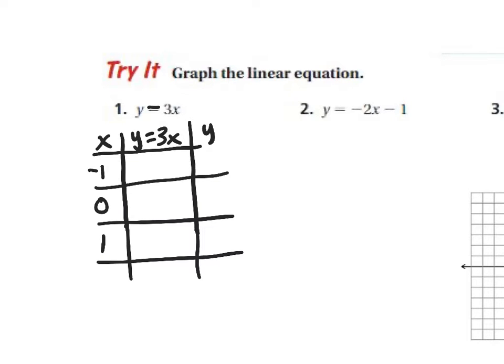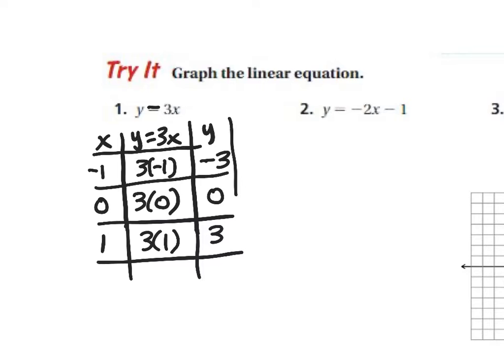So I'll plug in: 3 times -1 would give me -3. 3 times 0 would give me 0. 3 times 1 would give me 3. If I want to, I can add another column for x comma y. So (x, y) would be (-1, -3), (0, 0), and (1, 3).